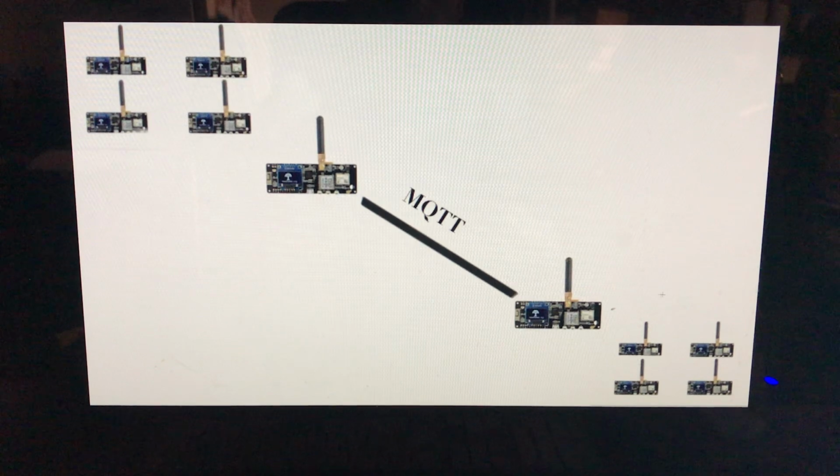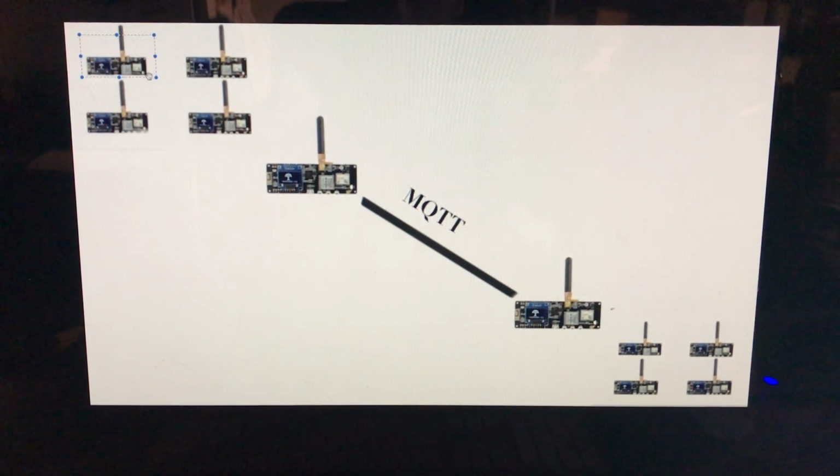So if this node sends out a payload, it's going to zero hop it to here. This one is not going to hop it because it's connected via MQTT and not RF, and it's simply going to hop it one time, and that's going to cover this mesh network. So this would only take one hop.